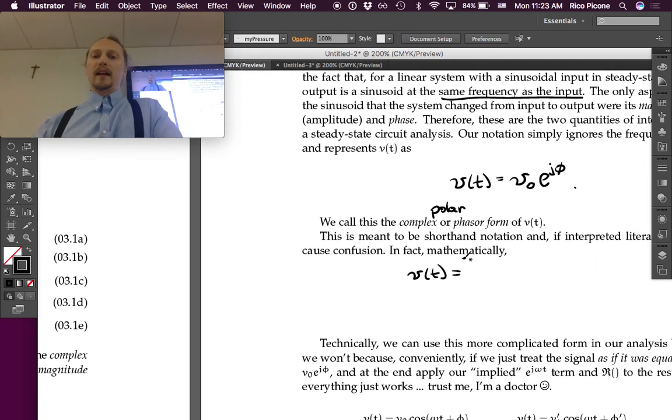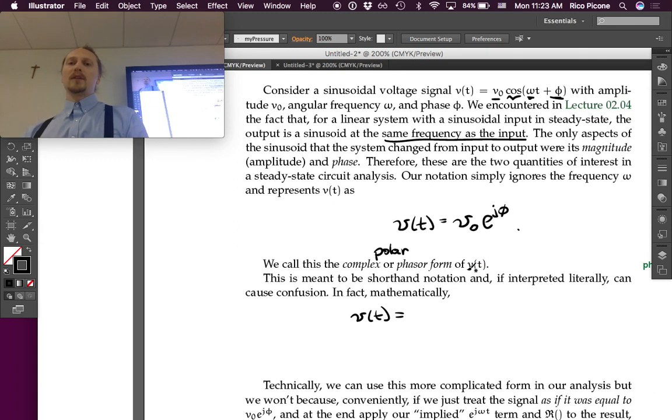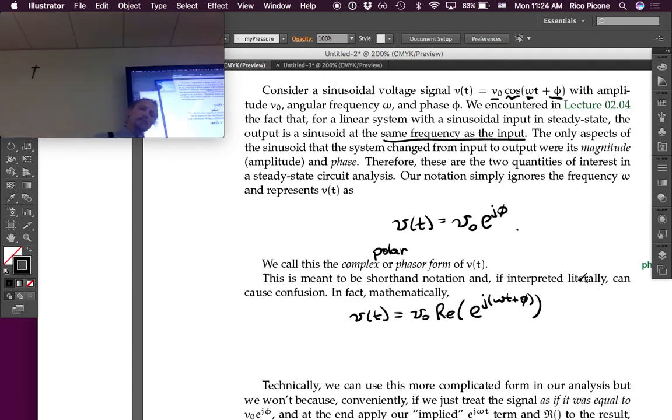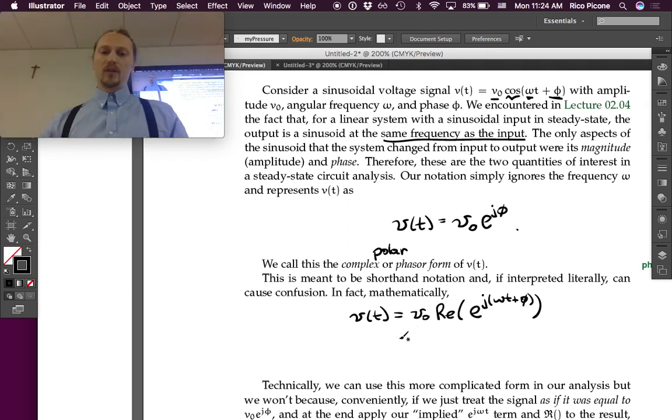What that would imply is that v of t from the cosine form should be written V0 times the real part of e to the j omega t plus phi, which we could rewrite as the real part of, splitting this into e to the j omega t, e to the j phi.